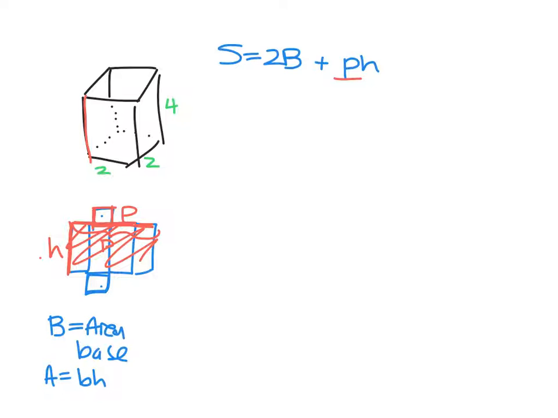It's just a coincidence that the P happens to help us out, but really what this needs to look like is 2 times the area of the base, which is 2 times 2, plus perimeter of the base. Well, P just turned into 4 numbers because there's 4 2's here, and then the height we're going to call big H. I should have put big H at the beginning.